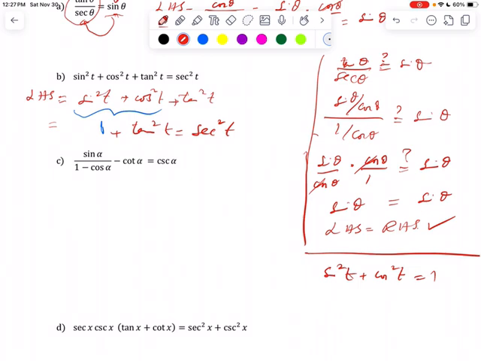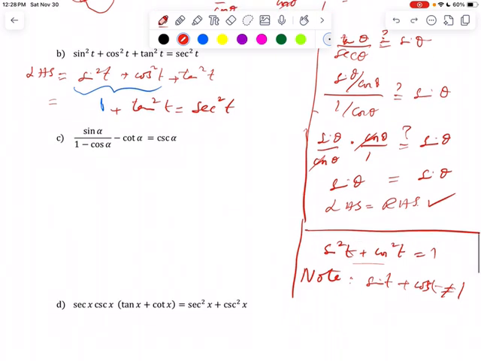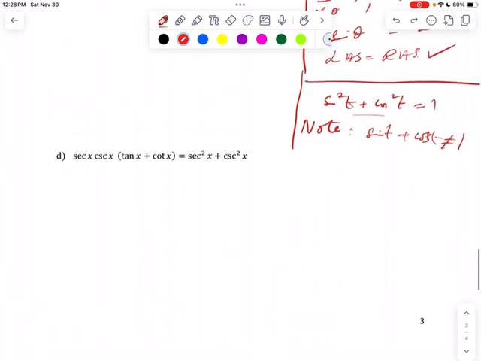Okay. By the way, there is a precaution note that this does not mean that you can say sine of t plus cosine of t is equal to 1. Sine of t plus cosine of t is not equal to 1, because you cannot square root it and say that I get sine of t plus cosine of t, because remember, if you have a square plus b square, the square root is not a plus b.